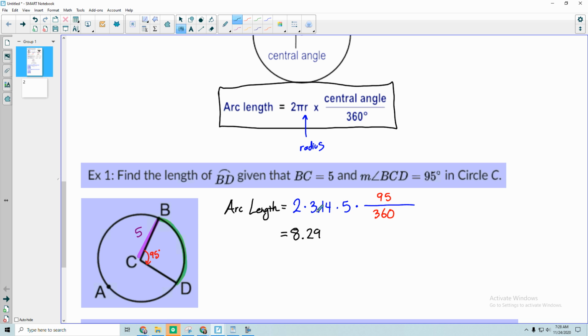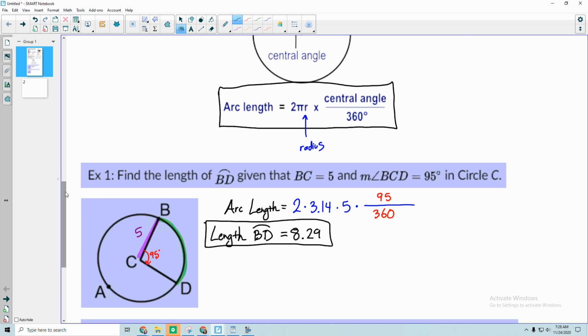So that would be the length of the arc. We'll be more specific. This is the length of the arc BD, specifically BD.